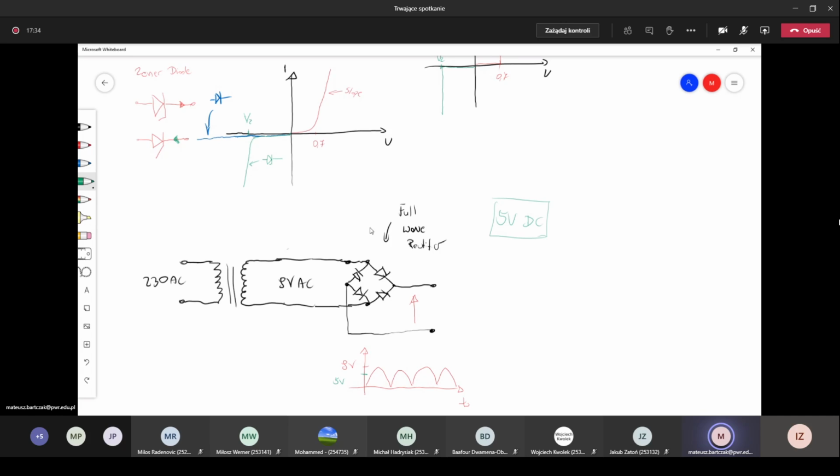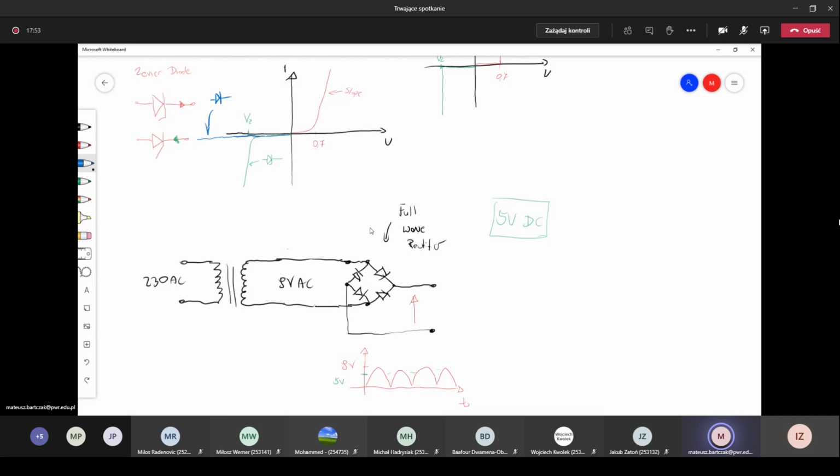Okay, but for the very moment we have only the upper half waves. Of course, we can fill those gaps, because here we have the gaps. We can fill those gaps with the capacitor.